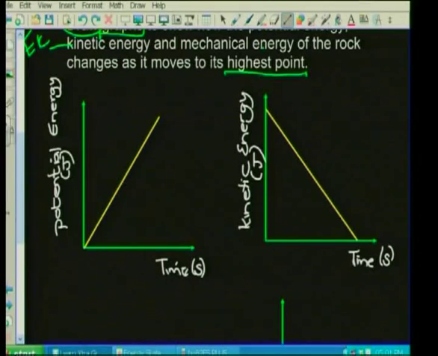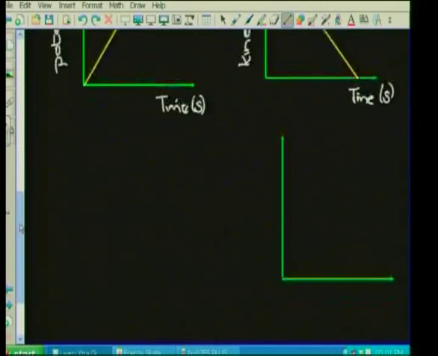As it moves up, it gets slower and slower until it stops, which means its kinetic energy becomes zero. But potential and kinetic energy must change at the same rate because their total remains constant. So your kinetic energy is also a straight line, but it starts at a maximum and becomes zero. That leaves us with the last graph.